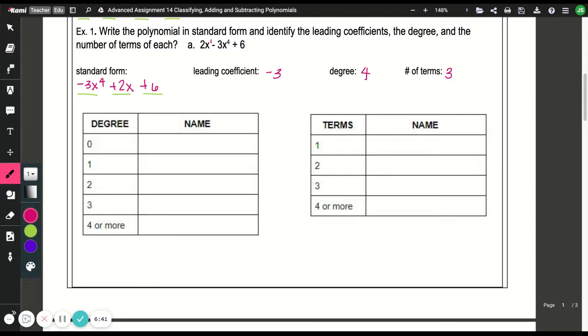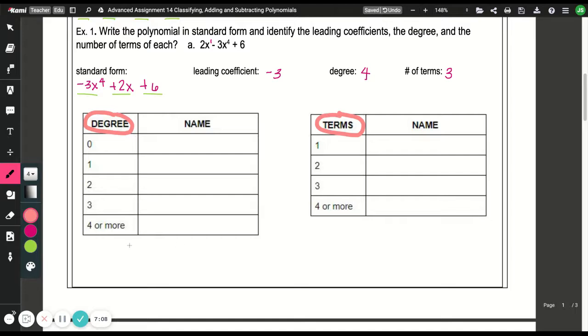We're also going to give polynomials different names. And polynomials get 2 names. They have one name that is based on the number of terms, which is why we're counting the terms. So we're going to pick one name from this first table based on this one's degree, and then one name based on the number of terms.